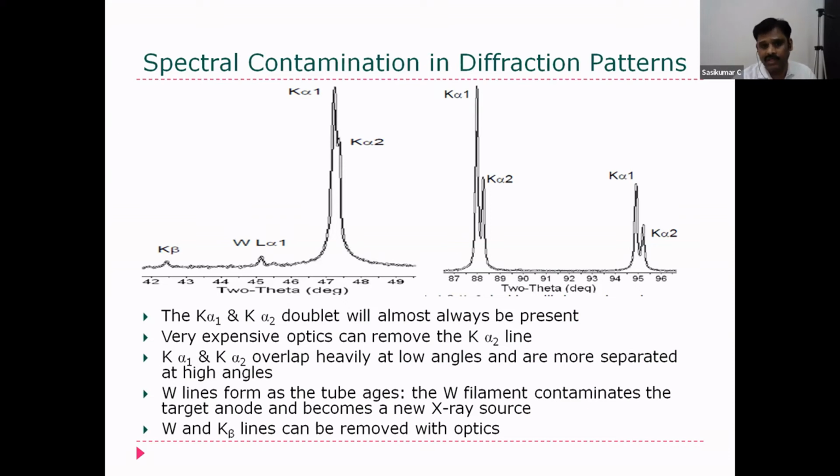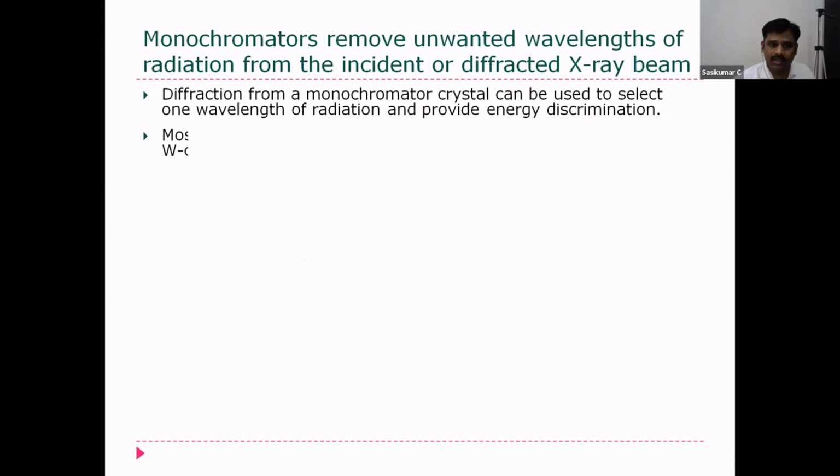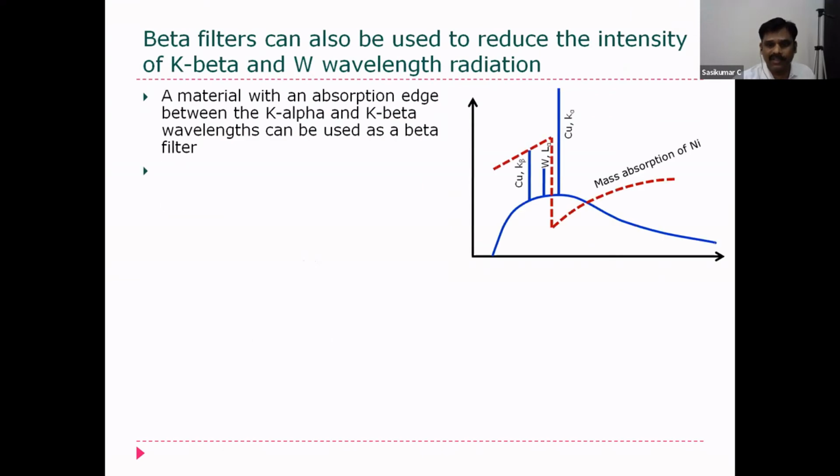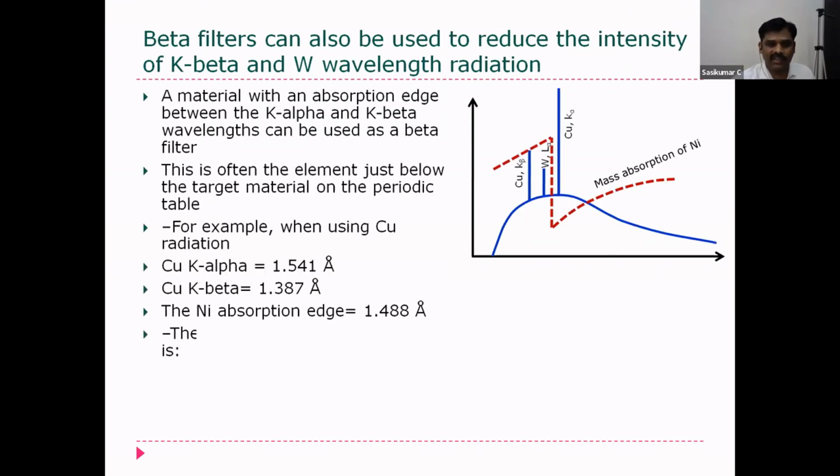The optics or the monochromator you would use will be really costly. So in most cases K alpha 1 and K alpha 2 will be there, but K beta you can remove. We use certain kinds of filters, and these filters do this job. For example, look at copper K alpha and copper K beta.